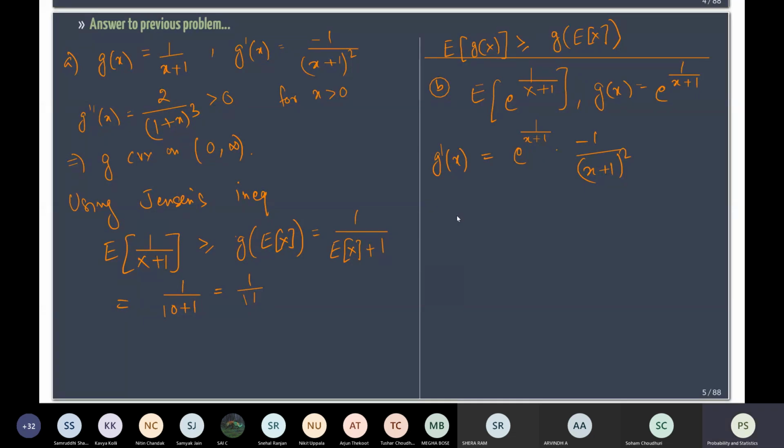So I can treat one function as, let h of x be e to the x, and g of x, let us say, is 1 over x plus 1. Okay, so this is tedious. Try something else.